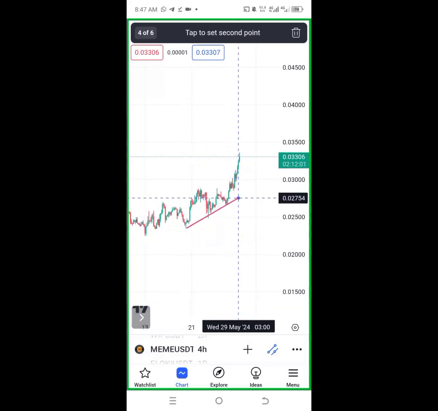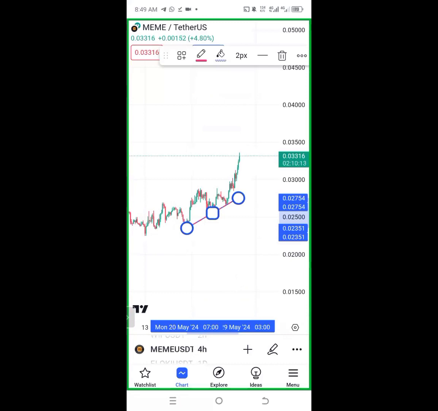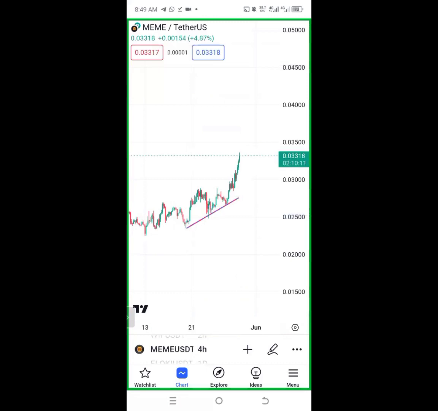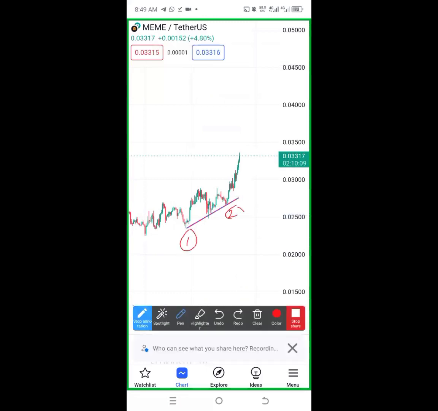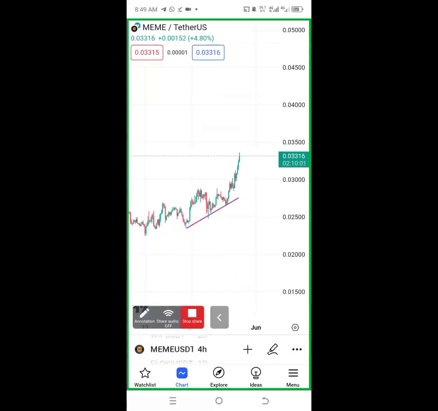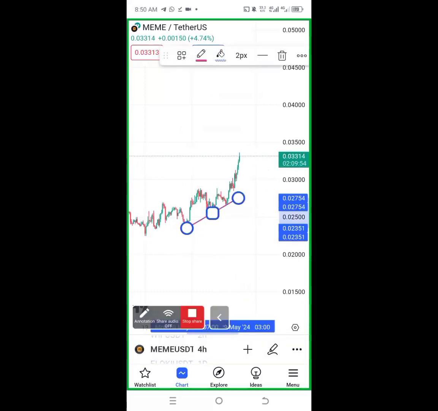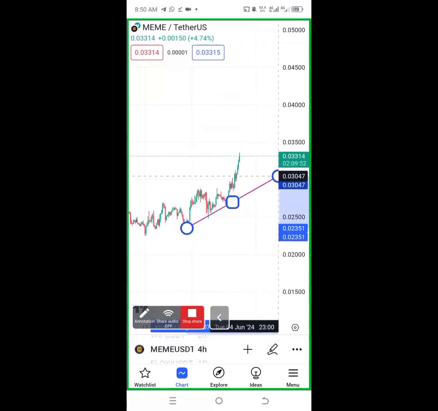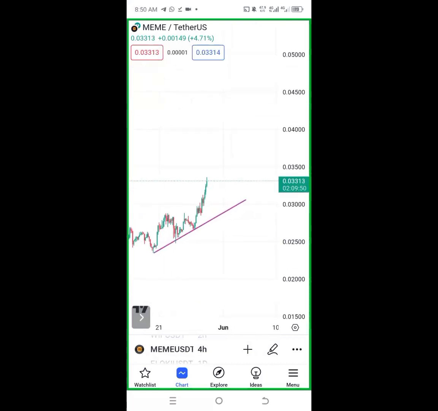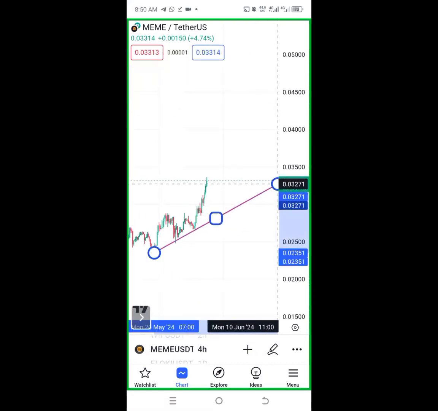As I said, we are picking 1 and 2. So this is higher low 1, higher low 2. That's the one we're going to take into consideration. So we have done that, right? Then we're going to extend it to the future.